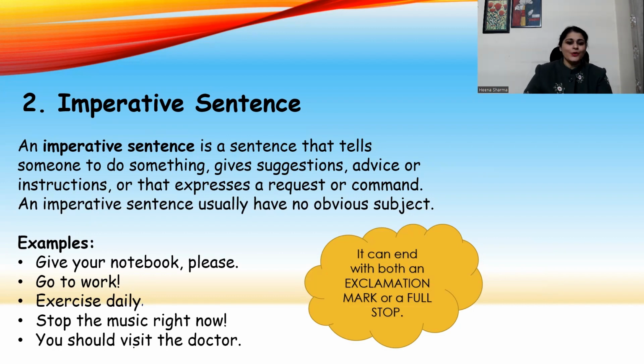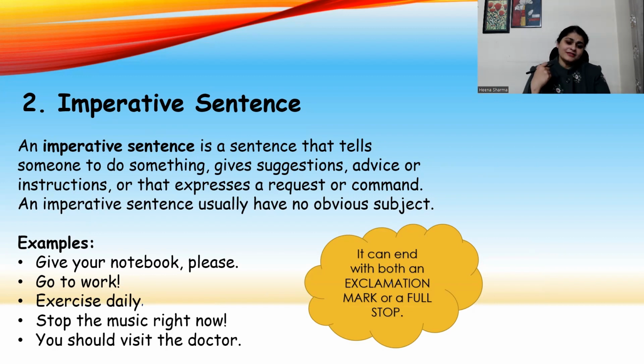Now, children, did you all notice something? Well, it is already there in the bubble. These sentences can end with both an exclamation mark or a full stop. Now, how is that? You must be thinking that there are already exclamatory sentences and you know them all.